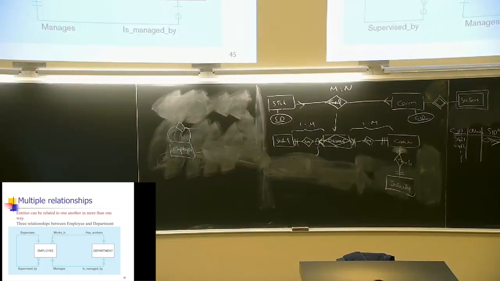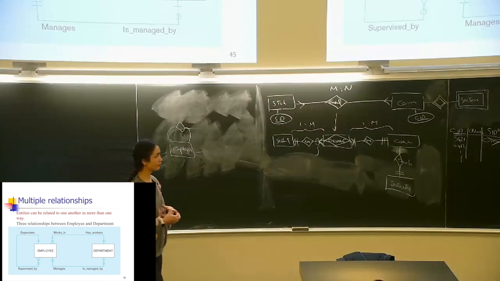Yeah, and so for instance, each employee is working in one department and only one department, right? Why is this mandatory? Yeah, you cannot have an employee working in no department. So under any assumption, this cannot be optional.